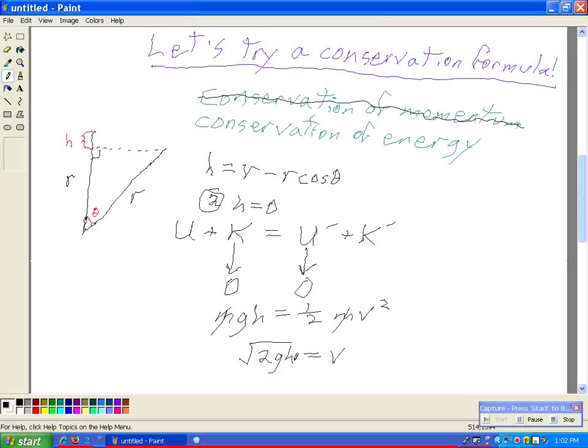Now, the height we've found in terms of r, and that's good because it's okay to have r in the formula. So let's rewrite this. This is actually the square root of 2g times (r minus r cosine theta).